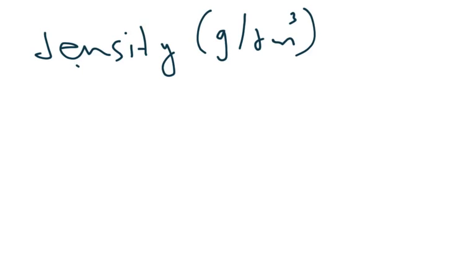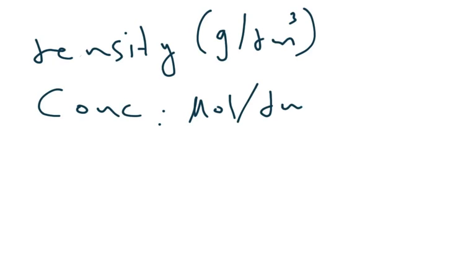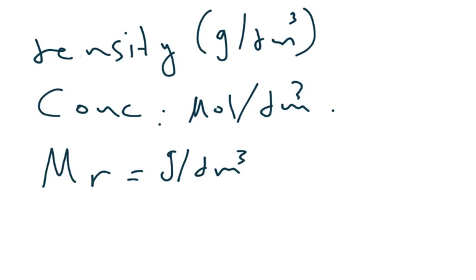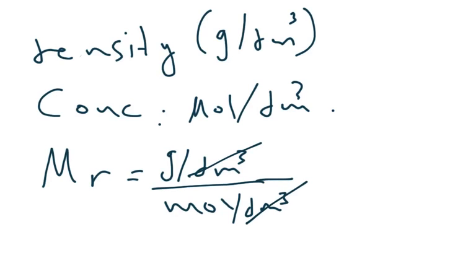Our concentration has mole per decimeter cube unit. What we want to find out is the MR of solution. And this is gram per decimeter cube over mole per decimeter cube. These two will go away and you would end up with gram per mole.